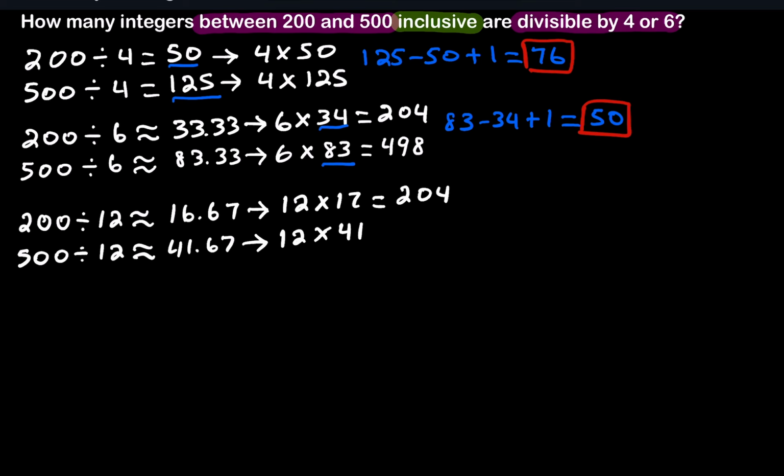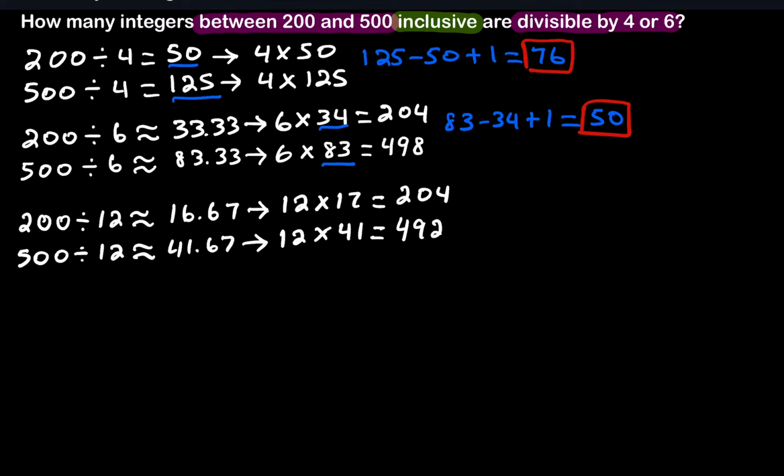Remember, we're rounding 41.67 down to the whole number. Now this gives us 492. Notice 492 also falls within this range because it's less than or equal to 500.